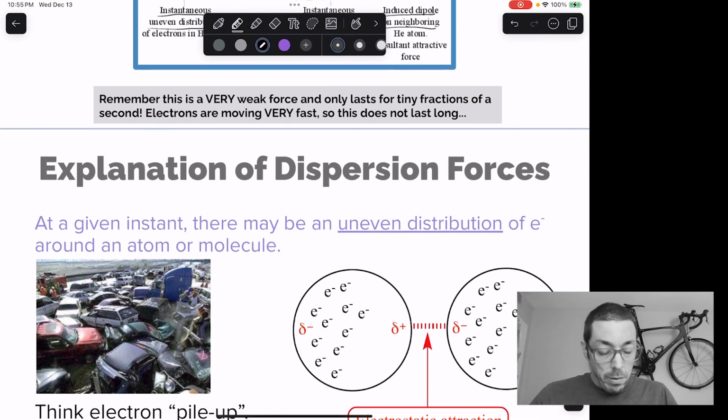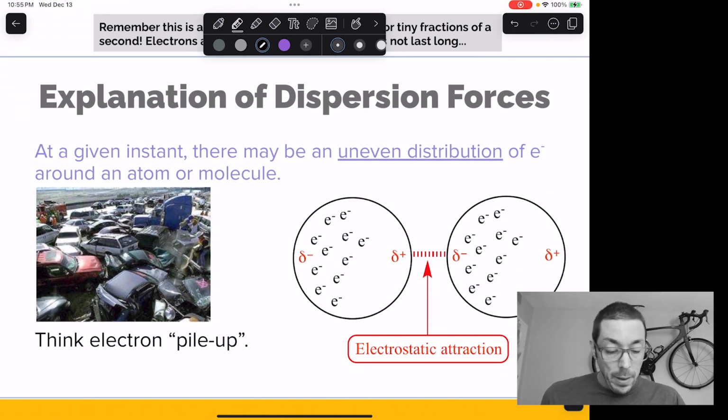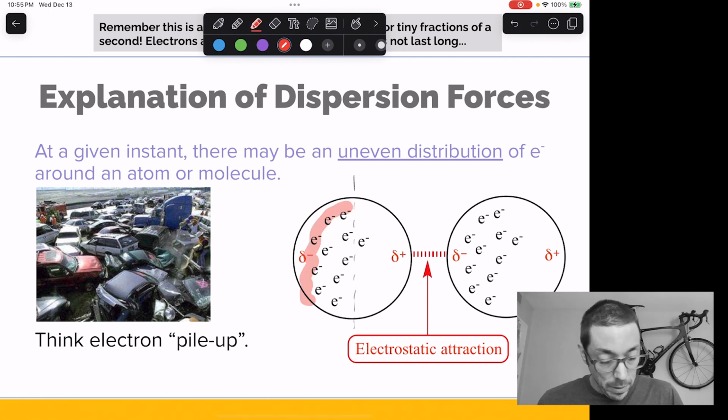But here's just another explanation of the same thing, this time just with more electrons in the atoms. So think of this one atom as having an electron pileup. They're all circling around the nucleus, but at any given moment, there might be a bigger collection of electrons on the left side, which would make this side of the atom slightly negative.